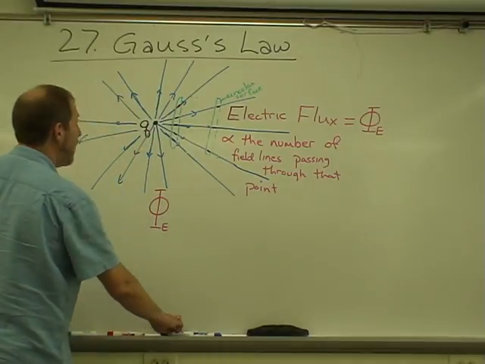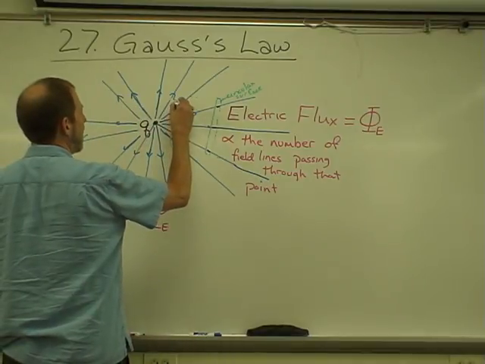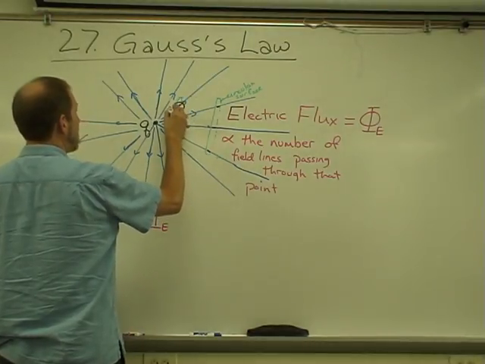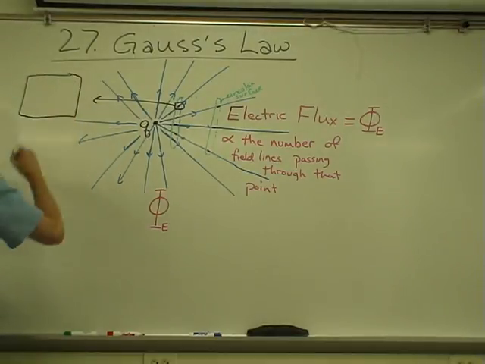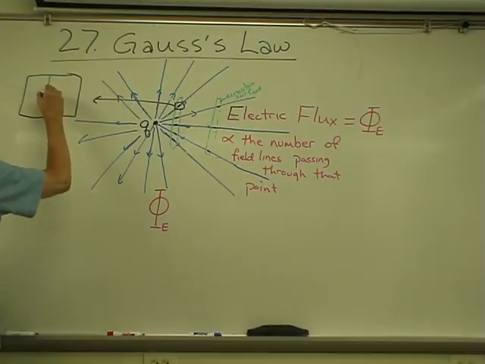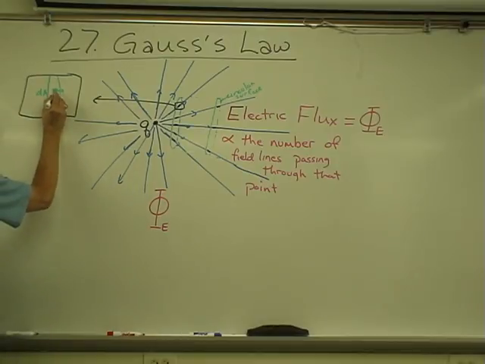If I were to take this little section and zoom in on it, I would have some differential area dA, and that area would have a differential vector dA, and the direction of this vector would be normal or perpendicular to the surface.